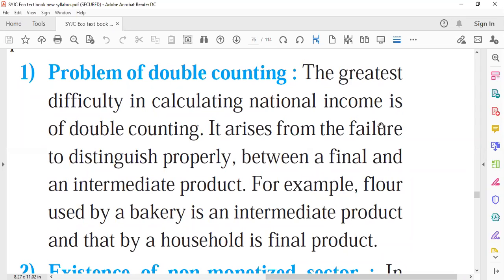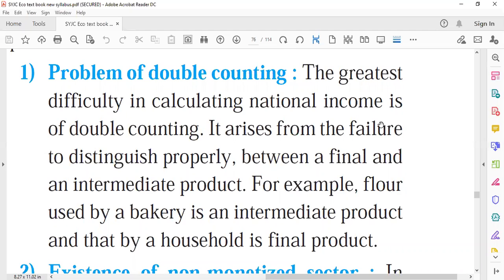But again, here there is a difficulty. Even if we consider the value of final consumption goods, then also we are facing the problem of double counting. तो अभी ये सिचुएशन में अगर फाइनल कंजम्पशन गुड्स की वैल्यू भी हम लोग कंसीडर करते, तो भी हम लोगों को डबल काउंटिंग फेस करना पड़ता है.